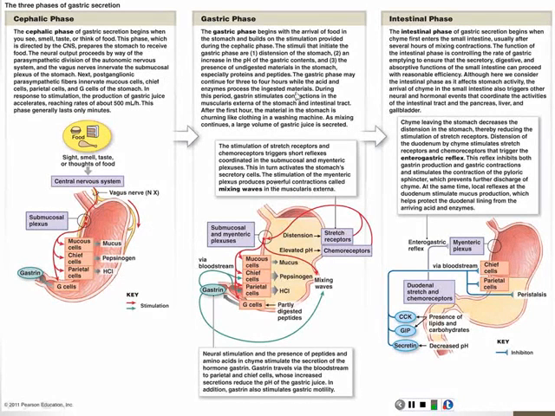What follows is then the gastric phase. As we eat, with every bite that we take, the stomach relaxes a little. We talked about how the stomach can contract to be relatively small, and then it can relax to get much, much larger to hold more food.